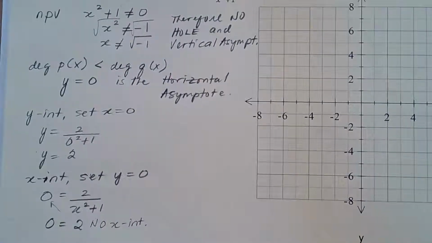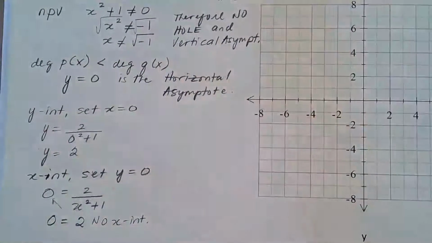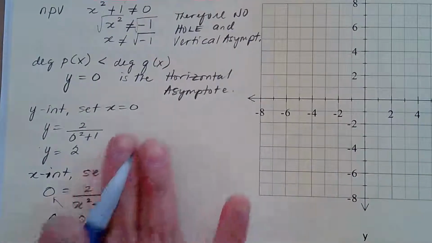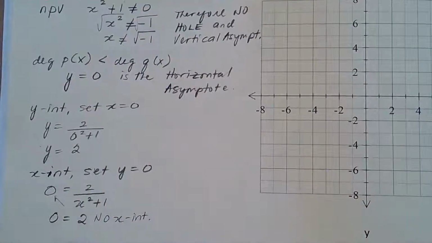So let's see if we can just figure this out. Okay. We just realized that there's no vertical asymptote. And we also know that there's a horizontal asymptote. At least we can do that one. Let's do that.